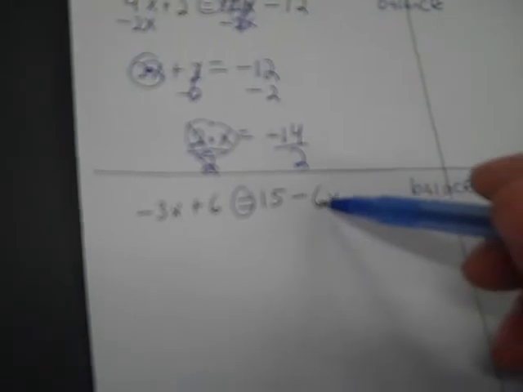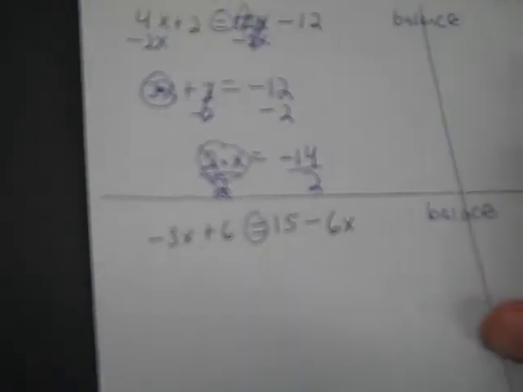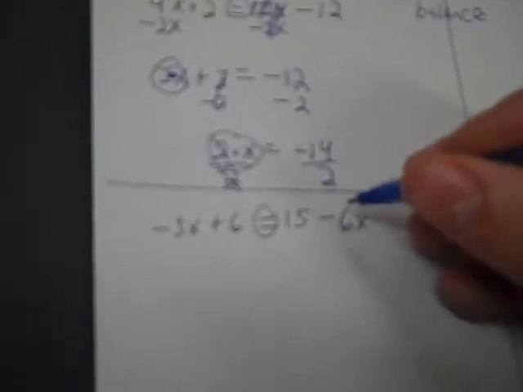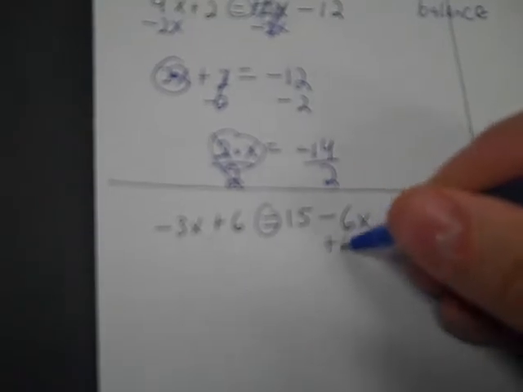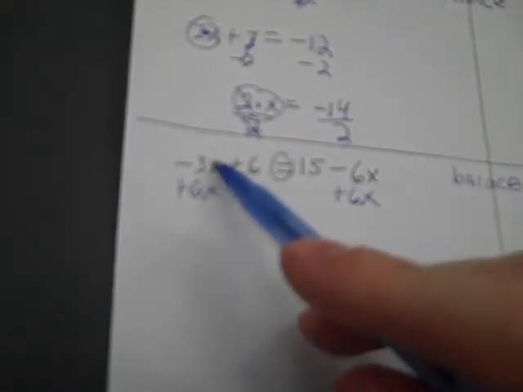Negative 6. So I'm going to balance from this side over to that side. So what would be the opposite of minus 6x? Plus 6x, and then I add plus 6x to the negative 3x. So negative 3 plus 6, okay? Plus 6 going this way, 1, 2, 3, 4, 5, 6. It takes me to 3x.